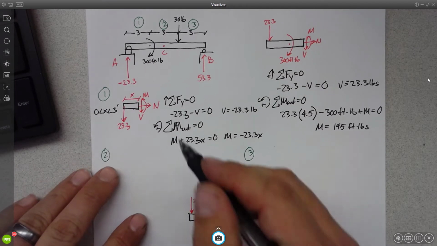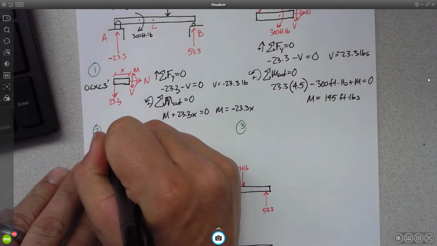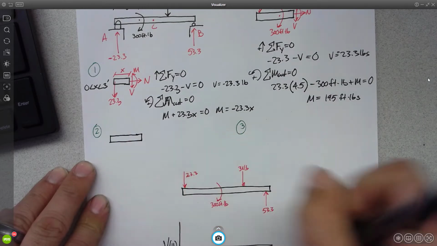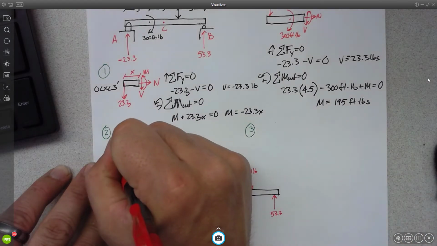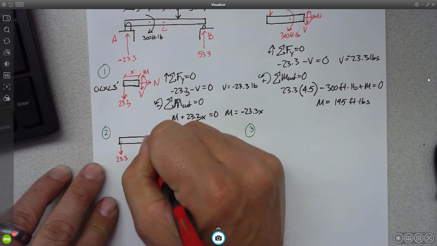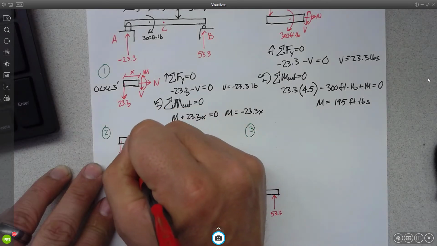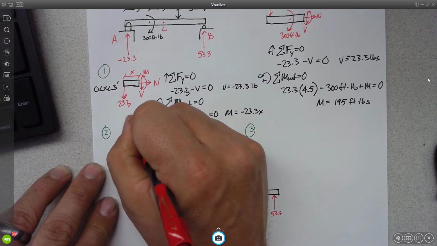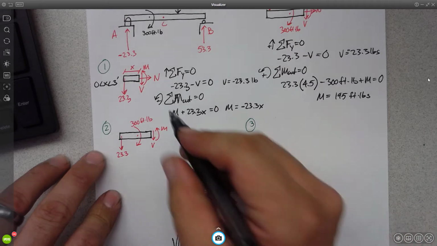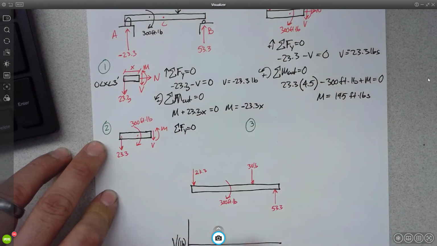So next, let's look at region 2. I'm going to sum the forces in the y direction.